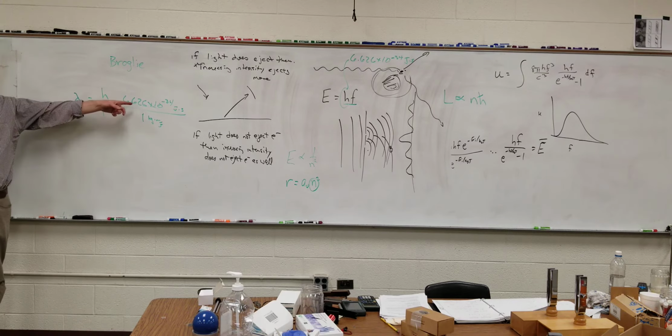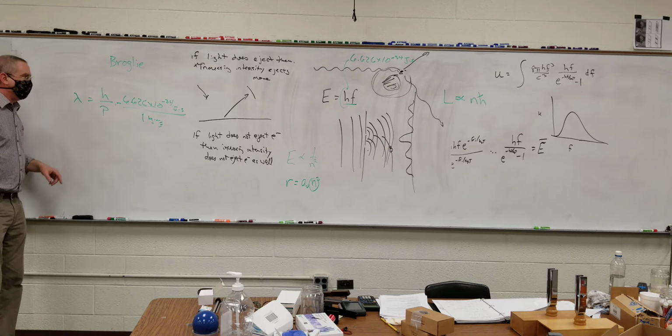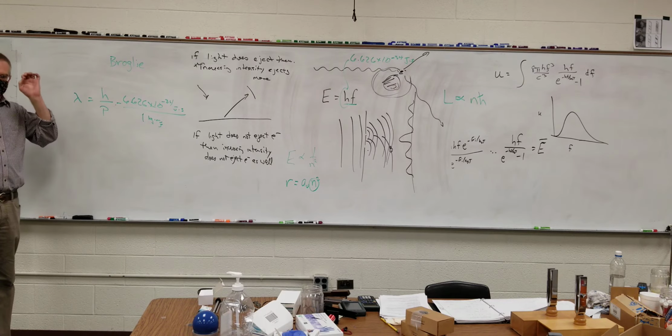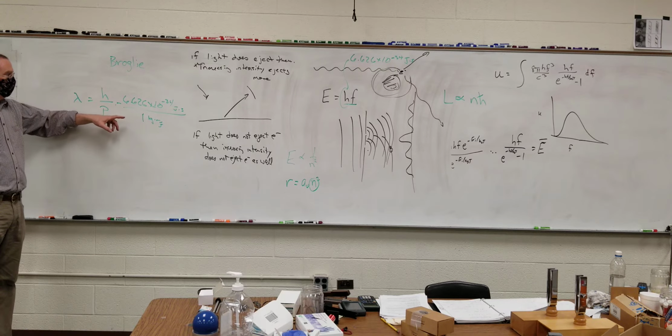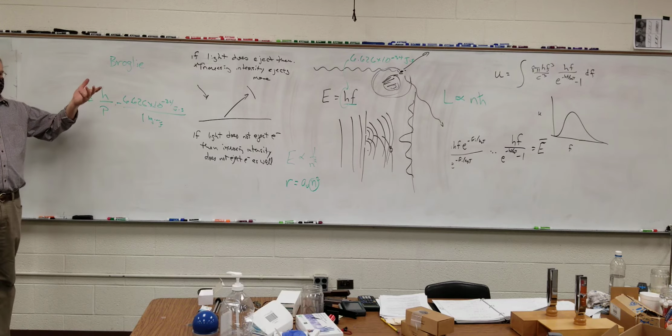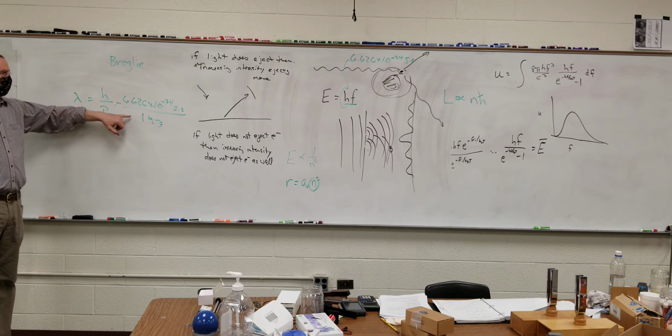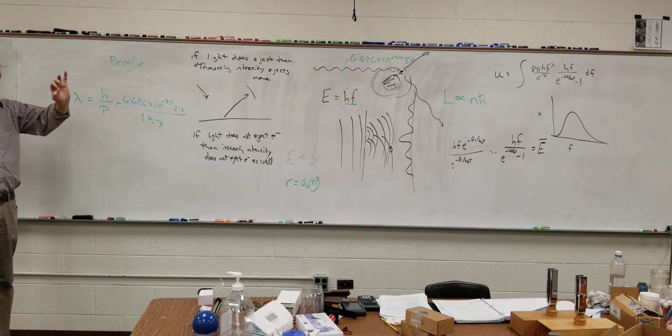That's an incredibly tiny wavelength. This is beyond what we can measure right now. But if you start dealing with electrons zipping along, the mass of an electron is on the order of 10 to the negative 31st. We start dealing with wavelengths that become manageable when we start dealing with small objects.